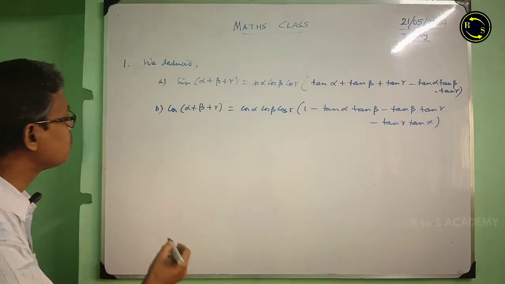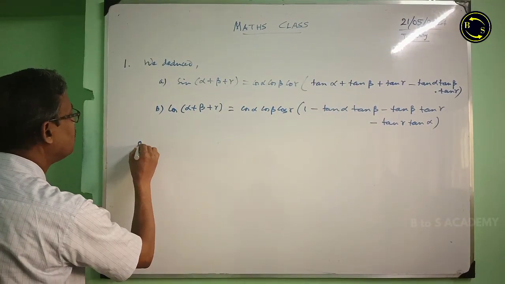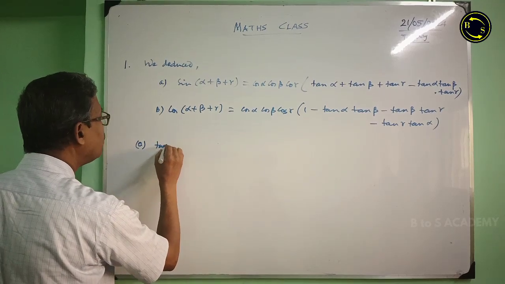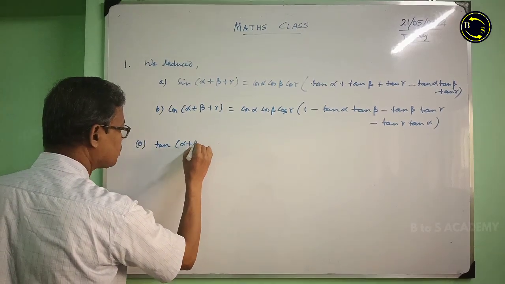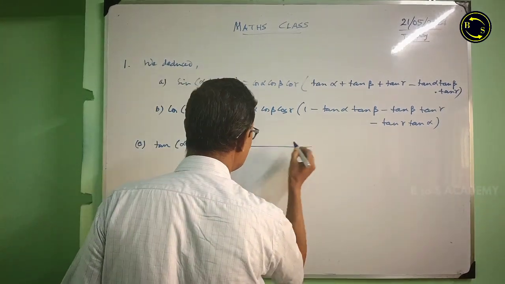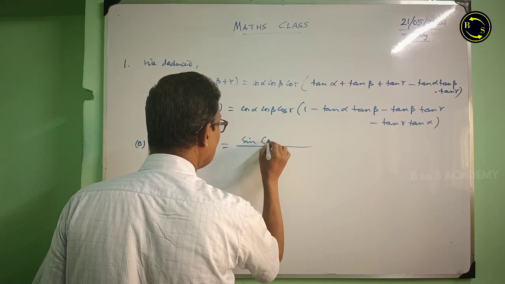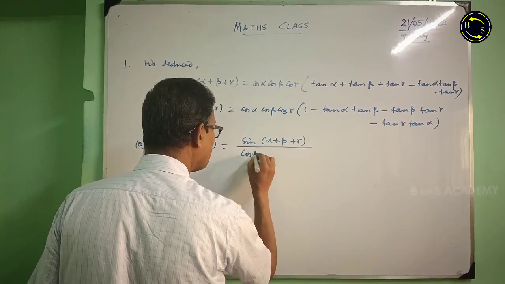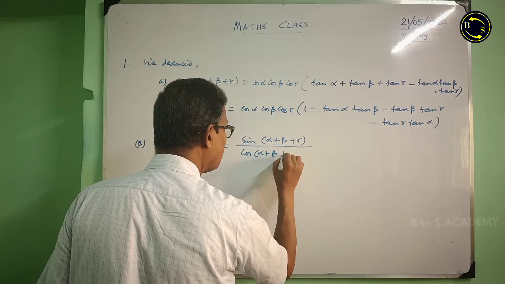Now we can deduce easily tan of alpha plus beta plus gamma, which will be equal to sine of alpha plus beta plus gamma divided by cos of alpha plus beta plus gamma.